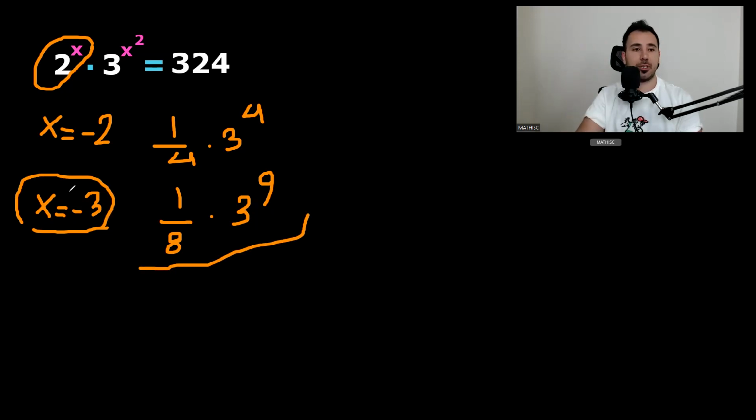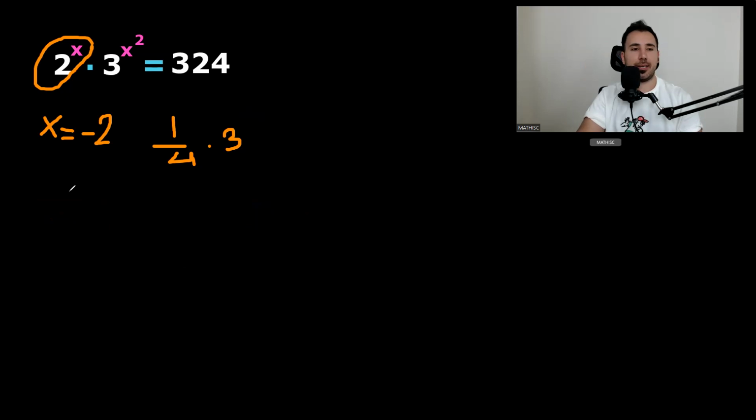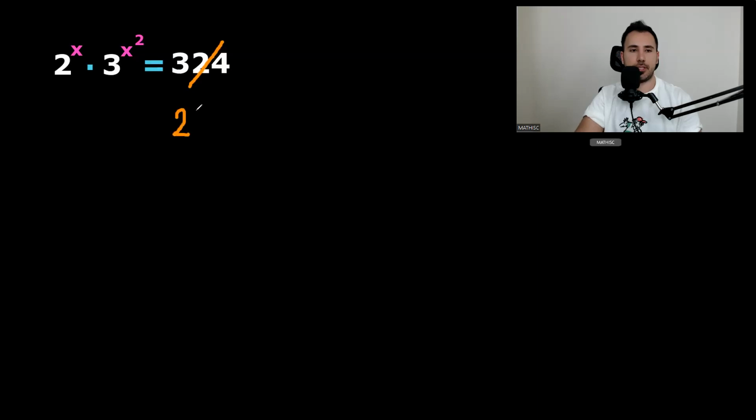So let's go and solve the equation. We already know that x equals 2 is one of the solutions, but how to actually solve this? 324 after prime factorization is 2 to power of 2 multiplied by 3 to power of 4.